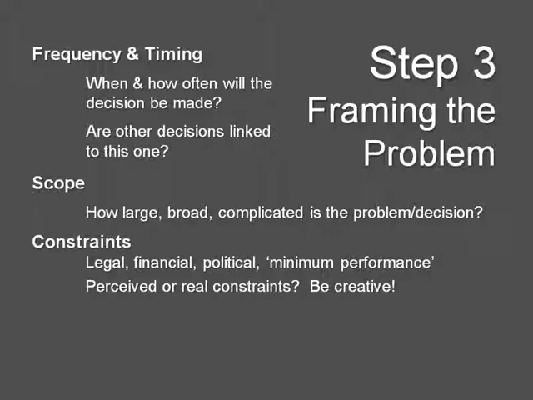And so we think in a very narrow way, a very prescriptive way about solutions. But if those aren't real constraints, if they're only perceived, then we've unnecessarily constricted our creative process in finding a solution. So thinking hard about constraints is an important part of framing the problem.